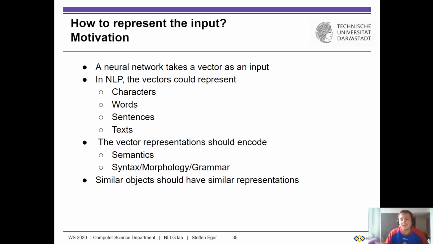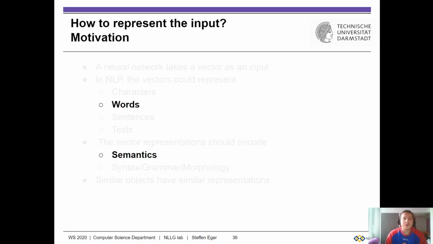If two sentences are very similar, our natural language processing task in the end probably requires the same label for those two objects. Therefore, we naturally want a similarity in the numeric representations once the underlying objects are similar. Good. So these are the use cases.